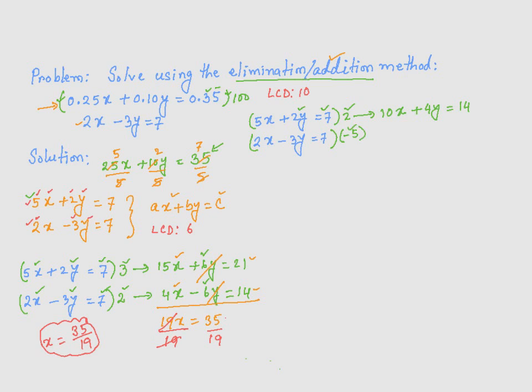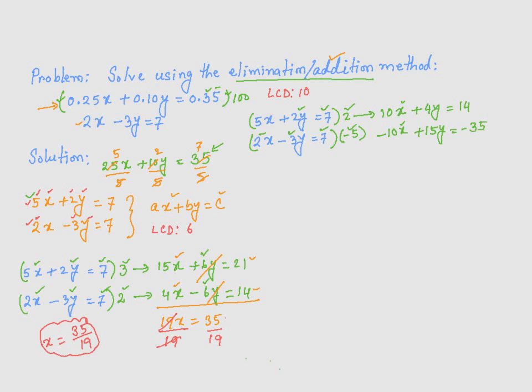Then negative 5 times 2 is negative 10x. Look at the coefficient of x here and here. One is positive 10, the other one is negative 10. And then negative 5 times negative 3y is positive 15y. And then negative 5 times 7 is negative 35.